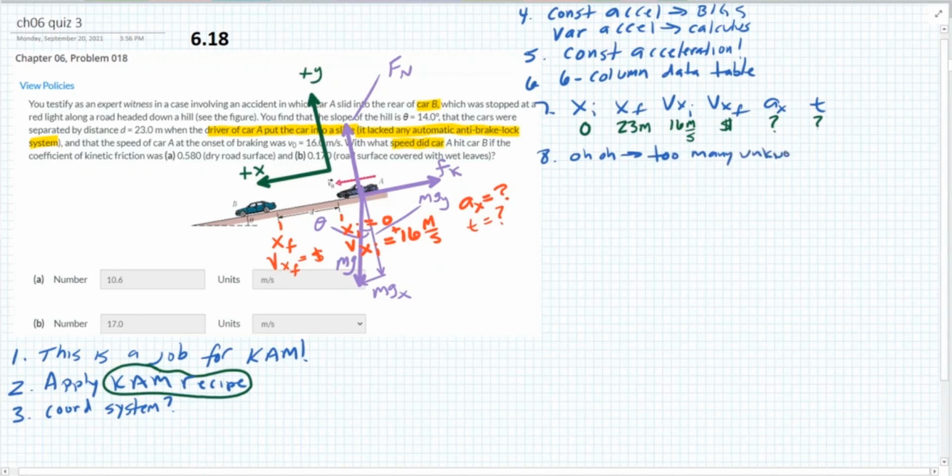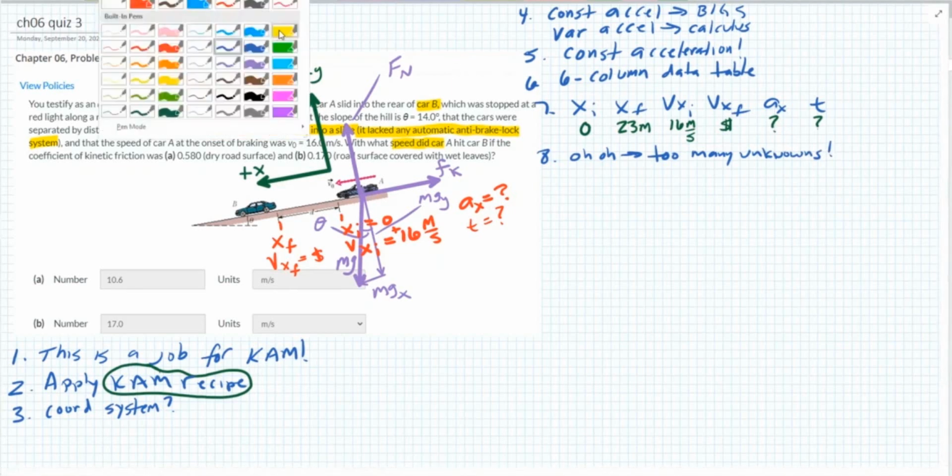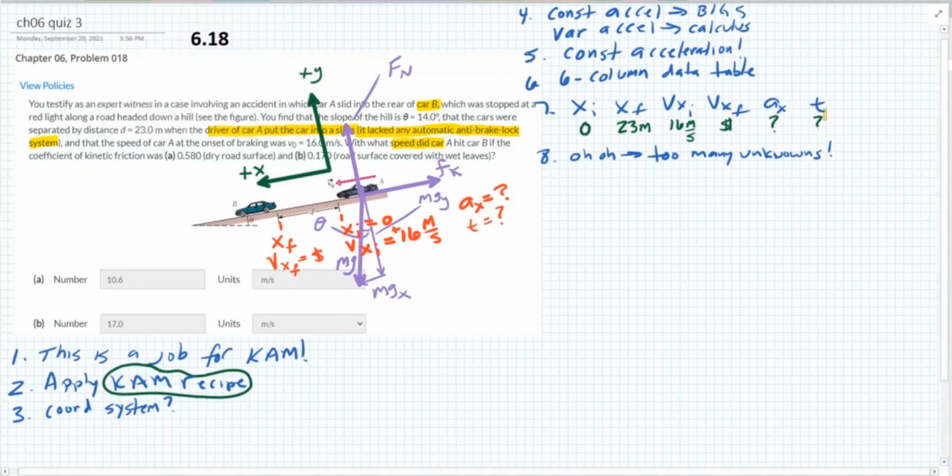But you're not going to panic. And how do I know there are too many unknowns? Because I don't know time, I don't know acceleration, I don't know final velocity. That's too many unknowns. So now what is the question? Number 9, now what?